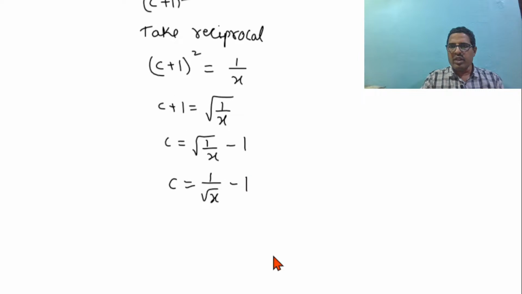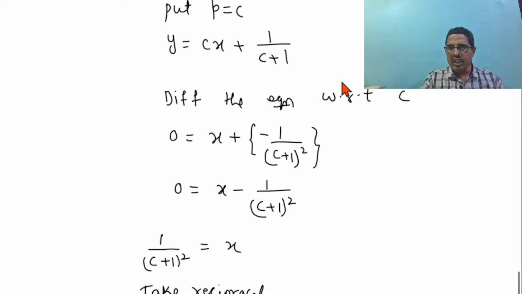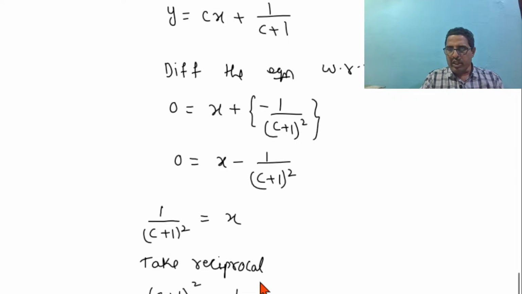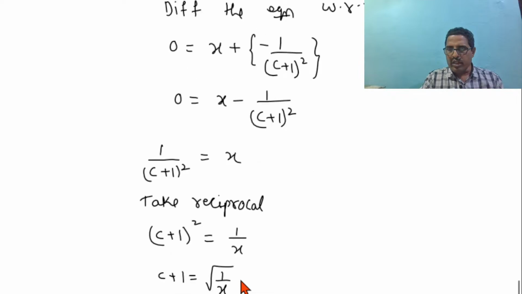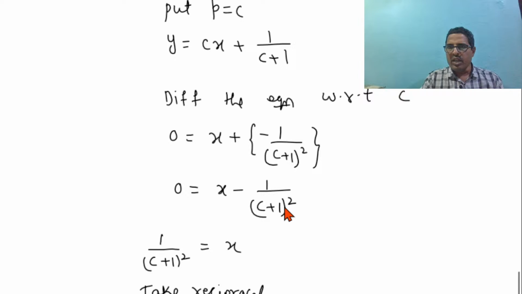Now, you can plug in this value of c in the given equation, or you can just write down c plus 1. So, c plus 1 will be root of 1 by x. Take this as equation number 1. Now, substitute this value back in equation 1.